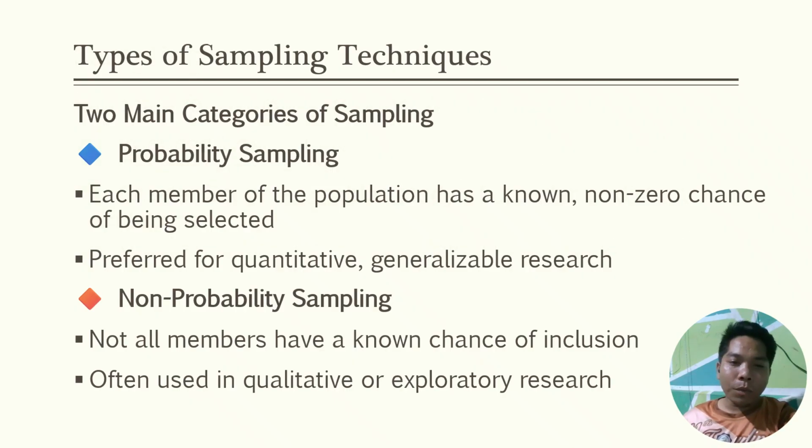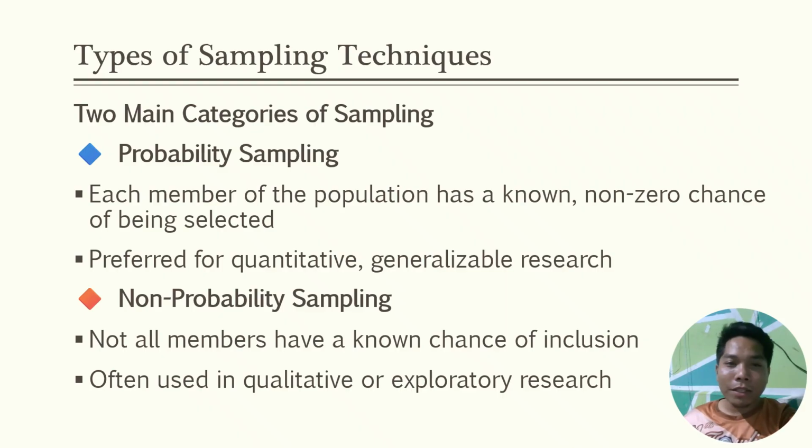Now, let us talk about the types of sampling techniques. These are surely all familiar to you, so we'll just be giving some easy insights on this. The two main categories of sampling are probability sampling and non-probability sampling.